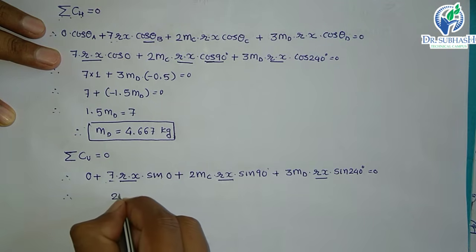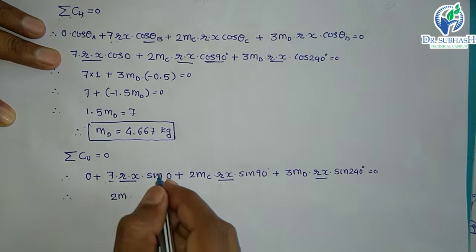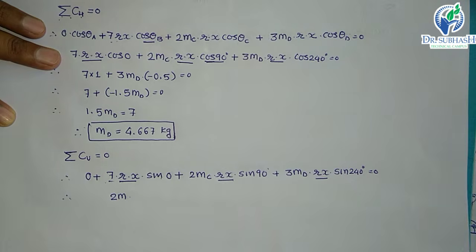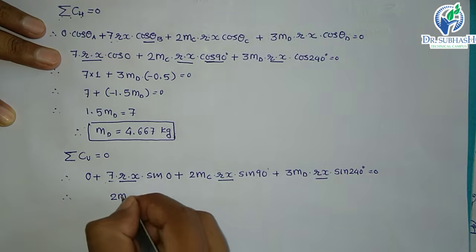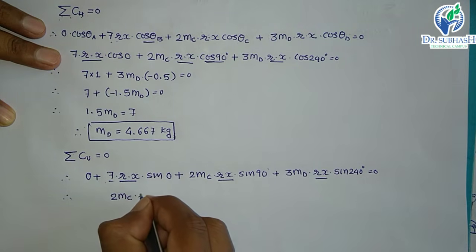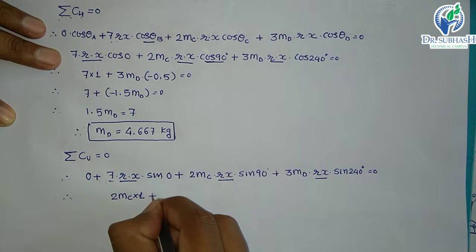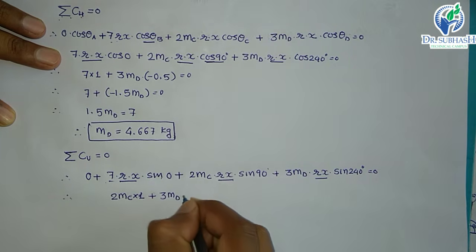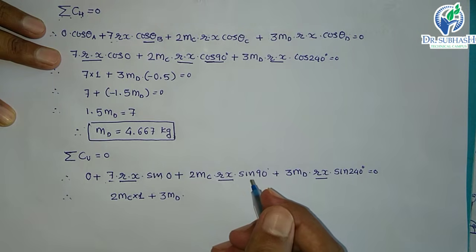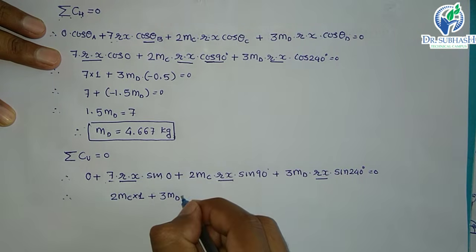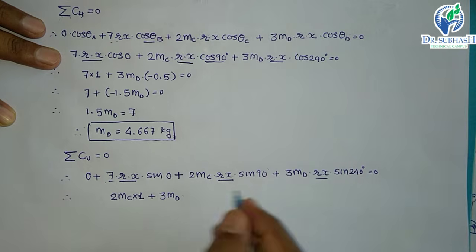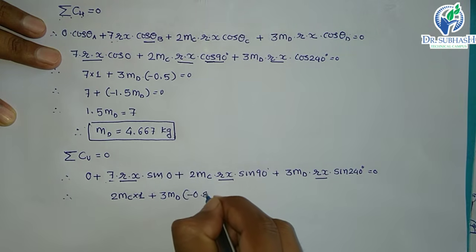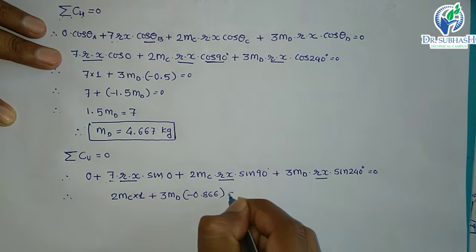So we get 2 mc into sin 90, which is 1, plus 3 md into sin 240. So sin 240 becomes minus 0.866, is equal to 0.